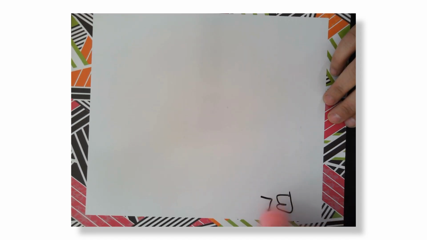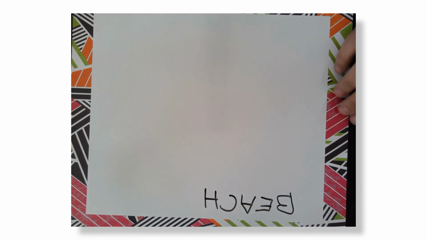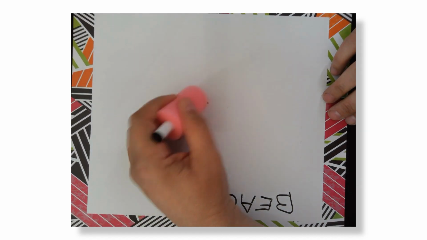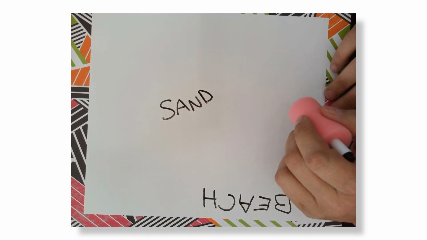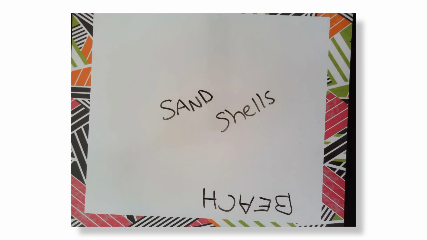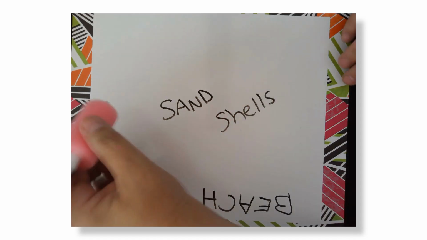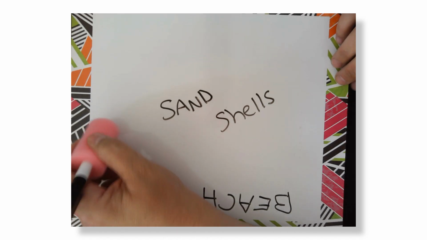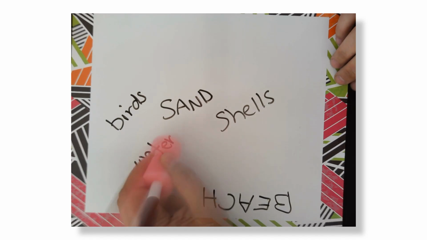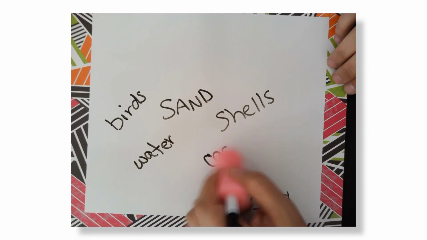So if we were going to write about the beach, I might say sand, shells, birds, water, castle.